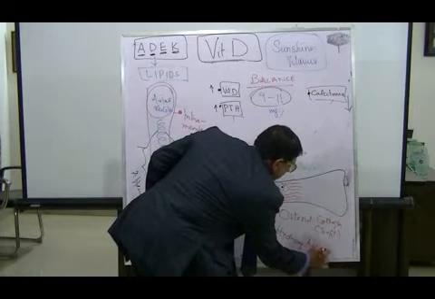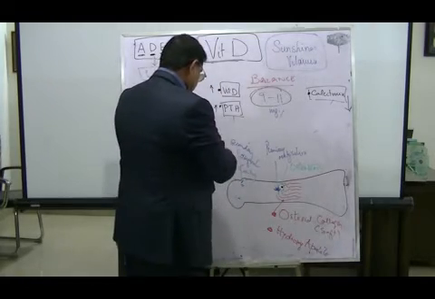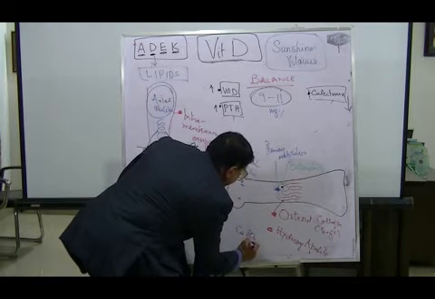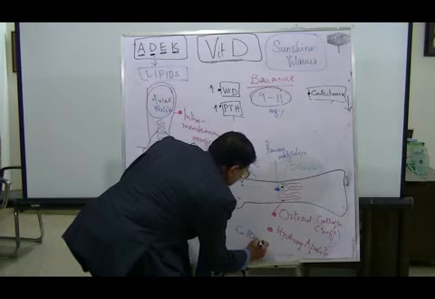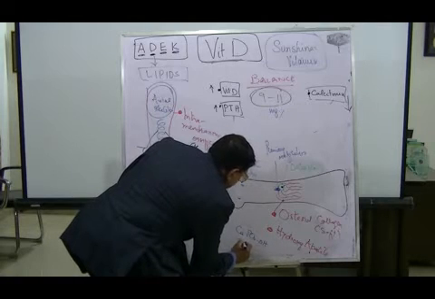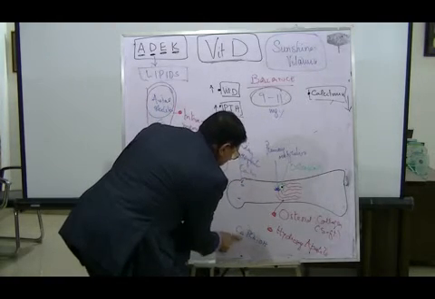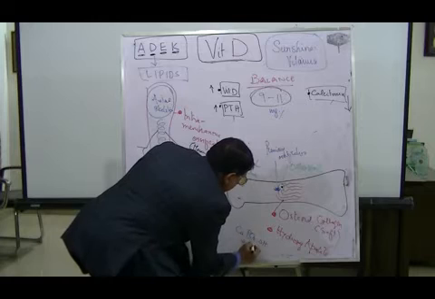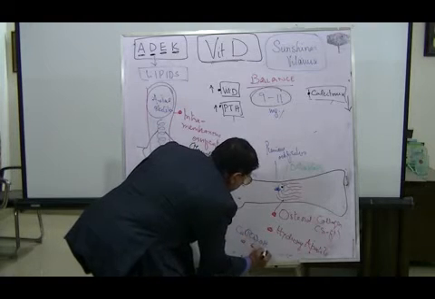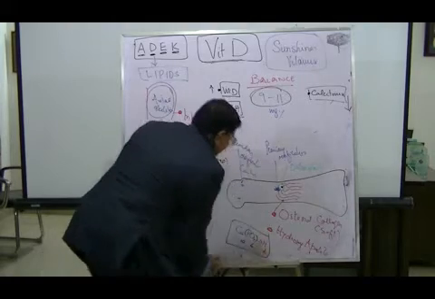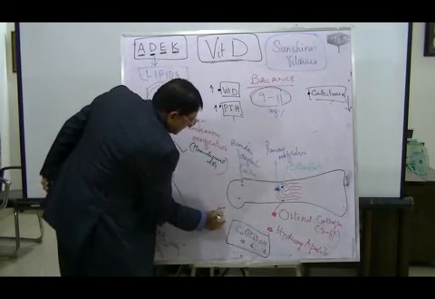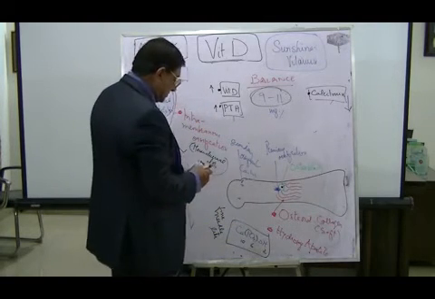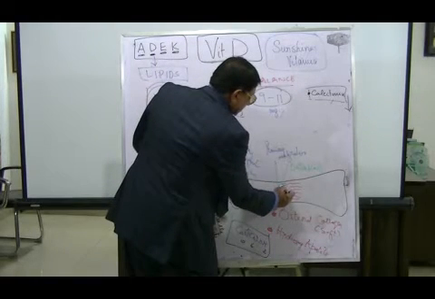Hydroxyapatite is somewhat like this. This is calcium phosphate. This is the calcium hydroxide. Fine needle-like crystals in the form of calcium hydroxyapatite are deposited over here.